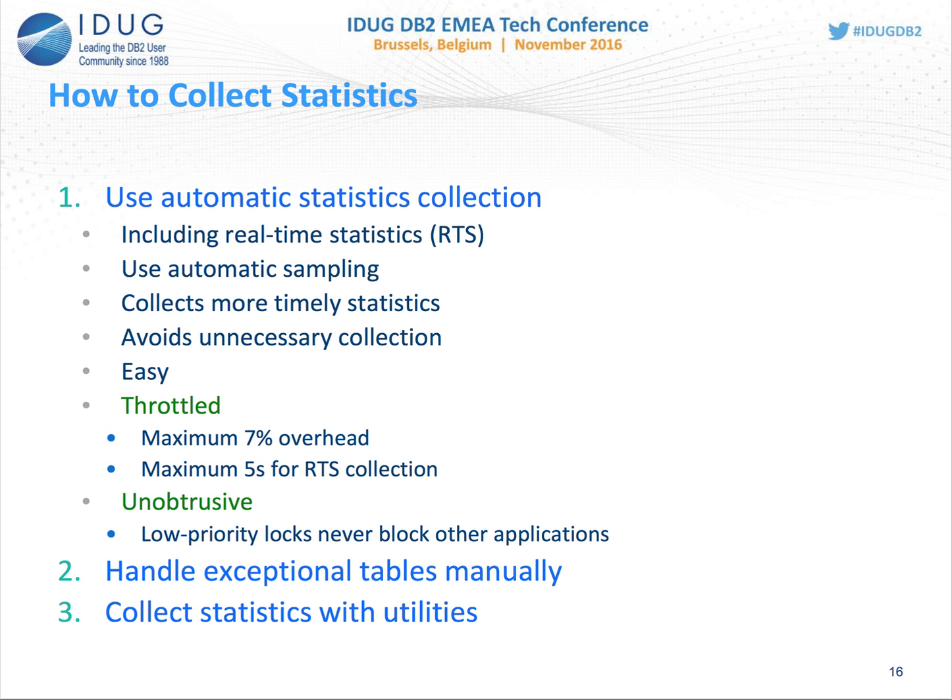It's just easy to do it this way. I've already mentioned that it's throttled: when the system's busy, it won't have any more than 7% overhead using the throttling. We talked about the 5-second limit, and it doesn't take any locks. So use auto run stats and real-time stats, and if there are certain tables where you would like more control over when the stats are collected, you can handle those exceptionally and exclude them, and I'll talk about how to do that.